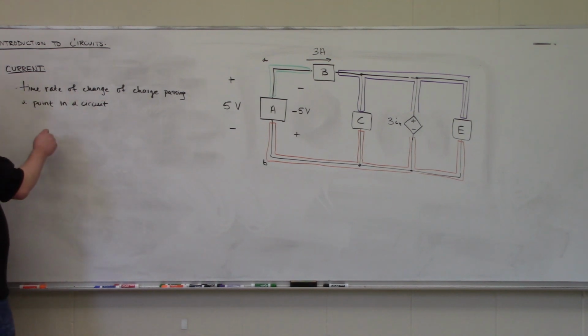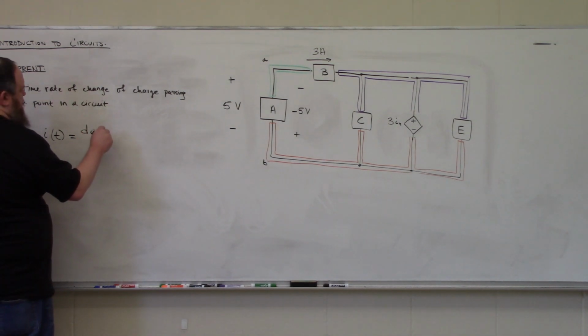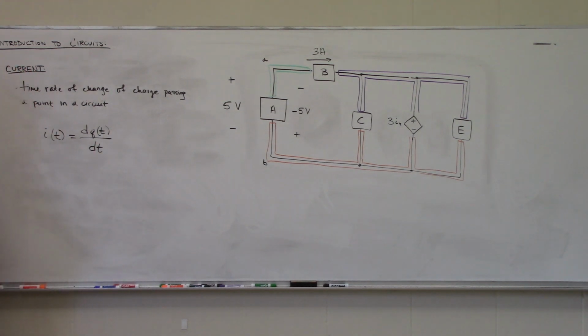Mathematically, i(t) is equal to the time derivative of the charge q with respect to time. So it's the change in charge divided by the change in time, which is exactly what you used in your Engineering 120 courses.